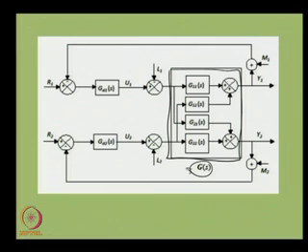Now, for TITO systems, generally 2 PID controllers are used for getting satisfactory closed loop performance from the system. So, the 2 PID controllers can be designed provided the dynamics of the TITO process is known accurately. All those things will be discussed in lecture 5.